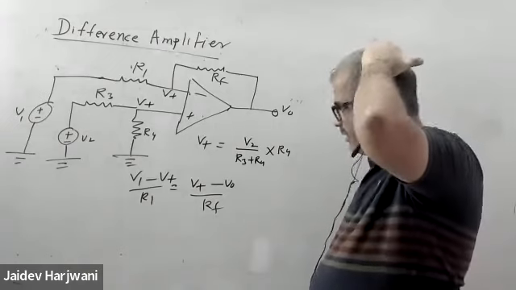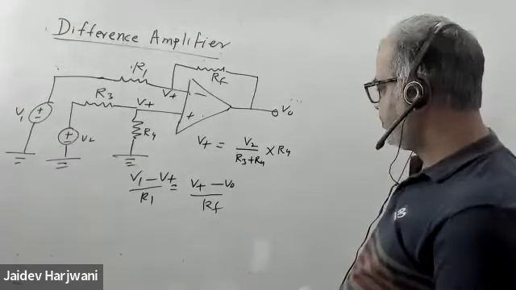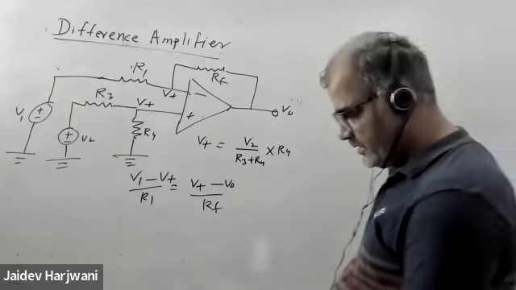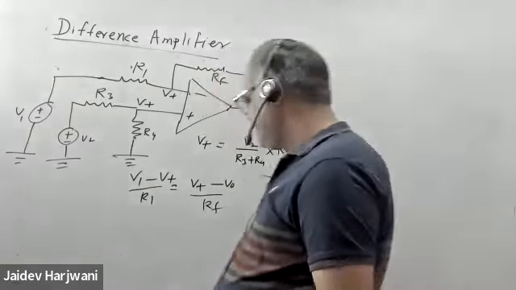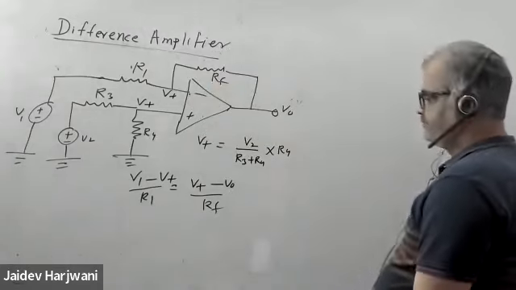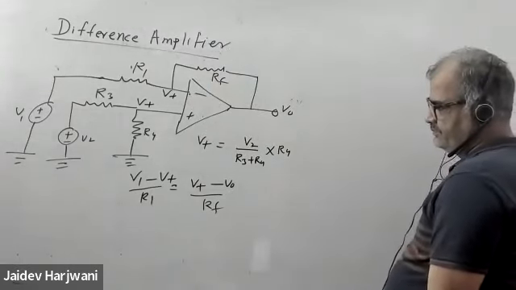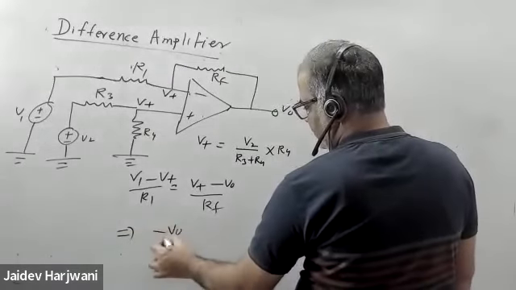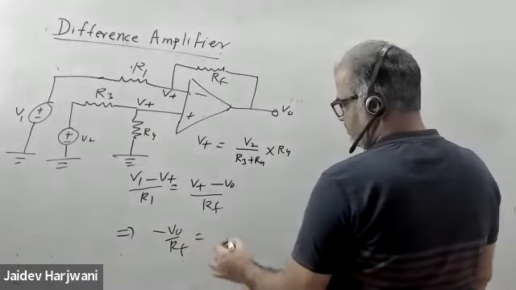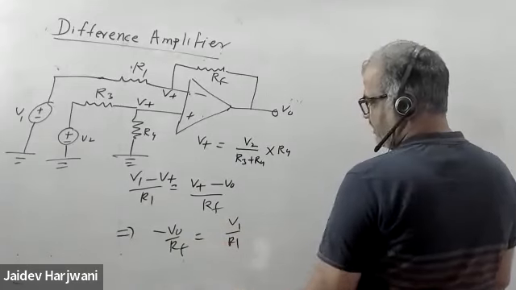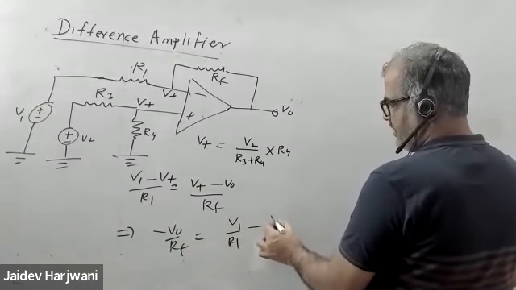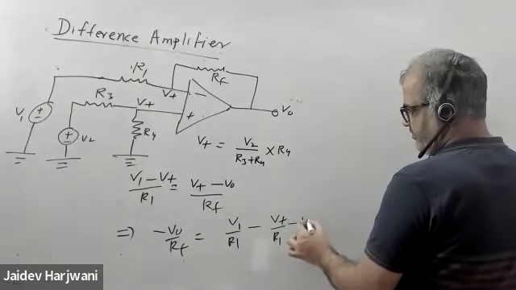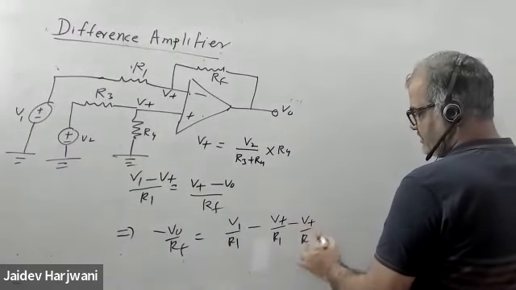Okay, the other way is what? The other way is you do the superposition principle. So you say how much, what are the values coming? Tell me. So it implies minus V naught upon RF is equal to V1 upon R1, minus V plus upon R1, and minus V plus upon RF is also going here.